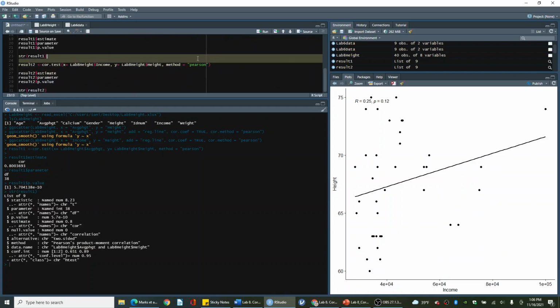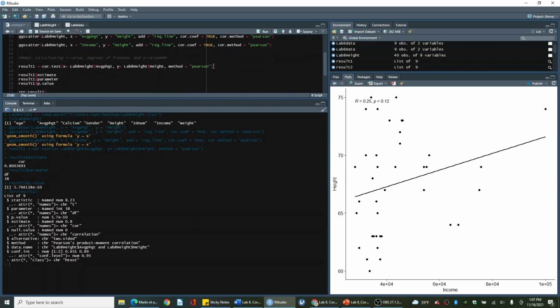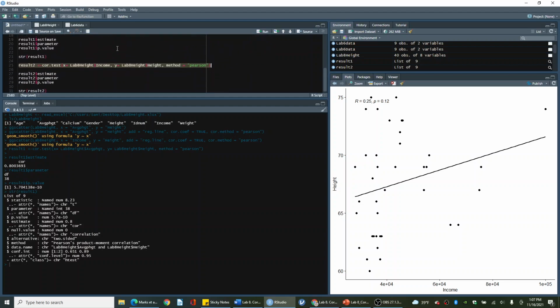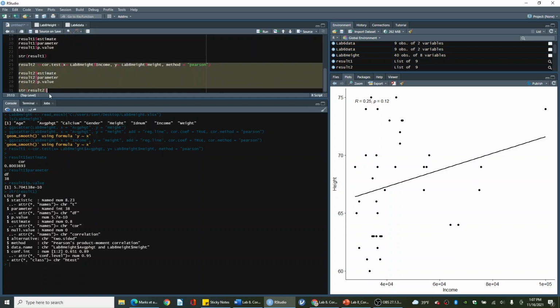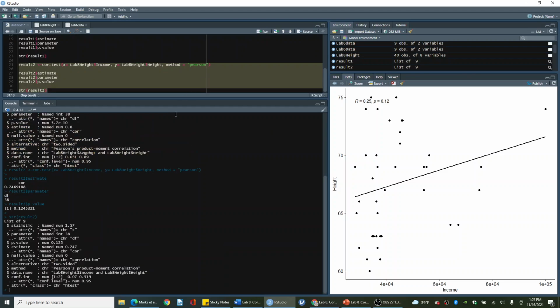I just copied and pasted this syntax over here and quite literally just changed the x-axis. So now we're going to run it. And you can see we get the same exact information over here. So we get the correlation, degrees of freedom, and then our p-value. And then this information can be found over here as well.